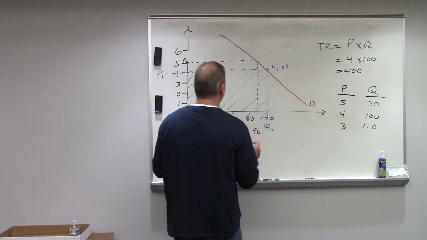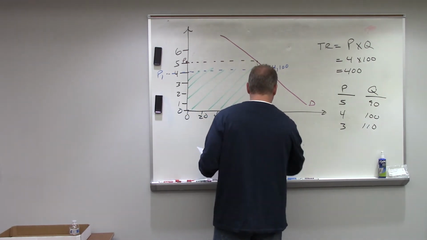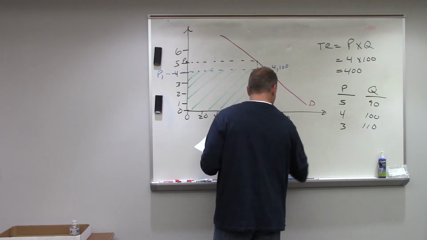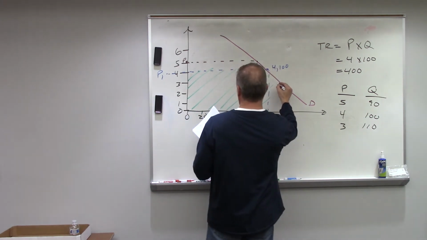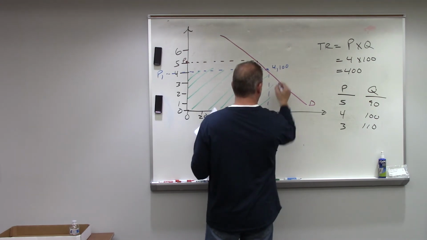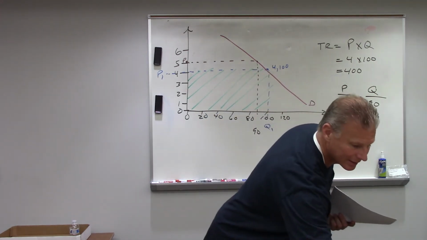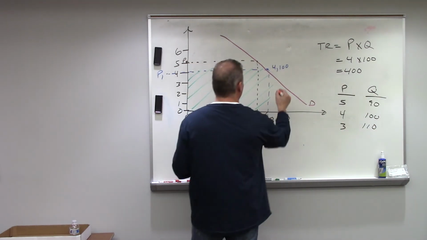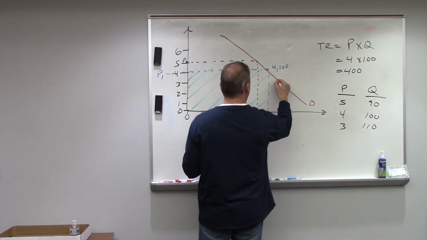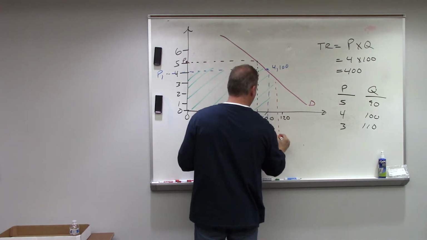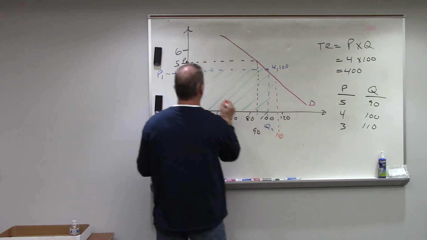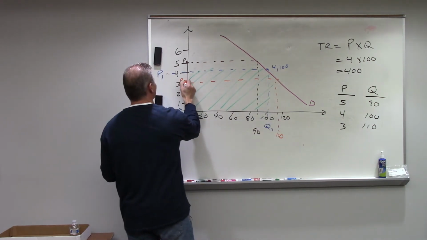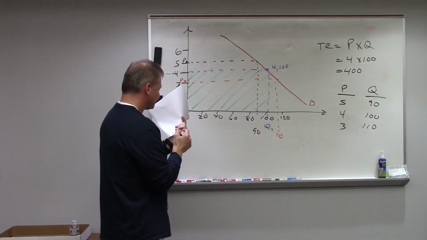And 3 at 110, so I've got to put in 110 here. Let me use another color here. Let's go with some orange. Okay, it's going to be 110. We can call this P3. It really doesn't matter.